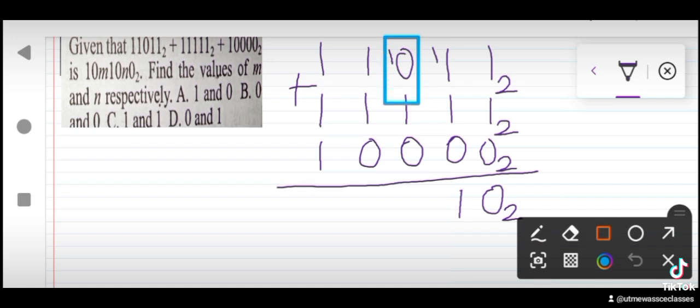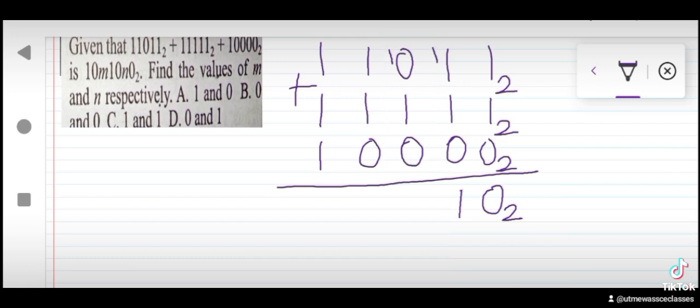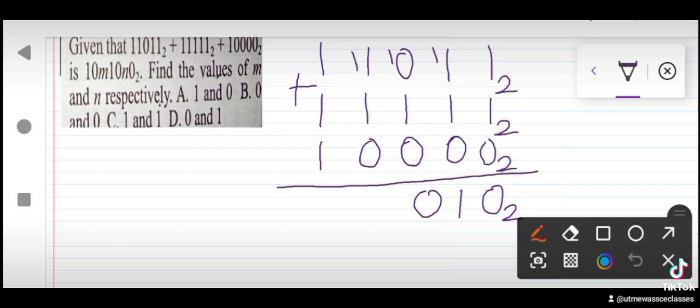We have 1 plus 0, that's 1, plus 1, that's 2, and plus 0, that's still 2. And of course, it's equal with the base, so it becomes 10. So we have 0 and we carry 1. The next we have right here is 1 plus 1, that's 2, and that 2 becomes 10, right? Plus the next one, that's 11, then plus 0, that's still 11. So we write 1 and carry 1.